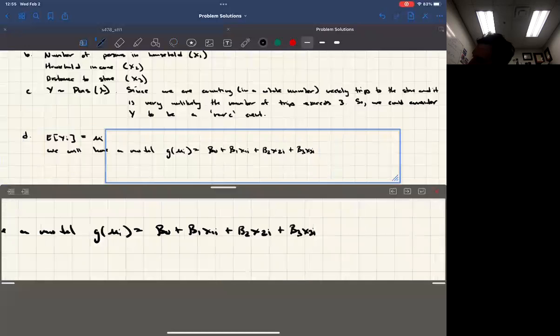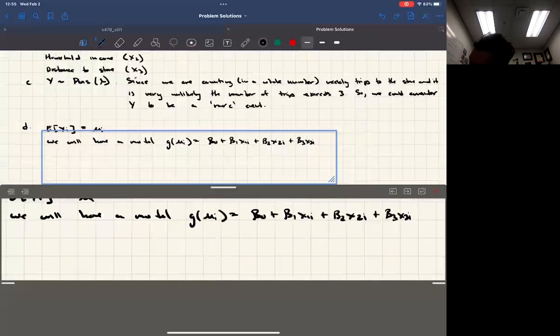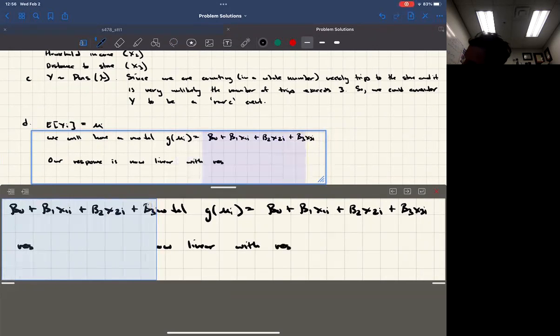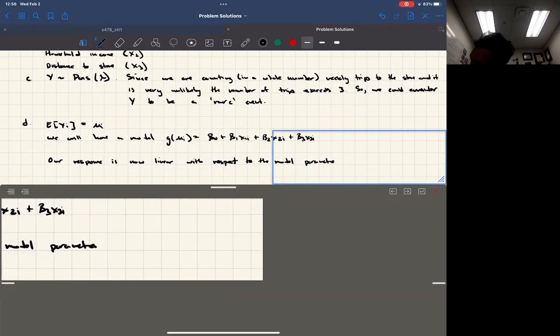So our model response is now linear with respect to the model parameters.